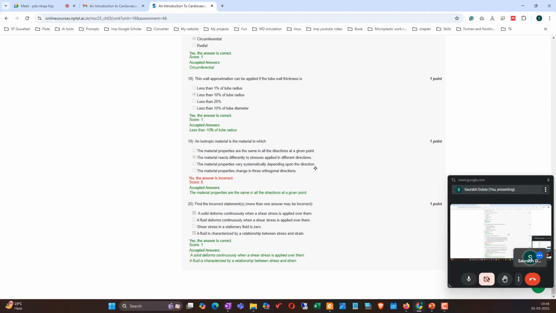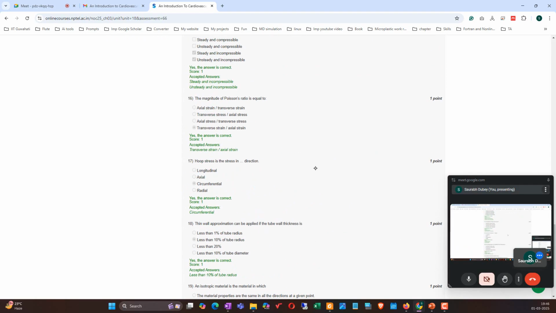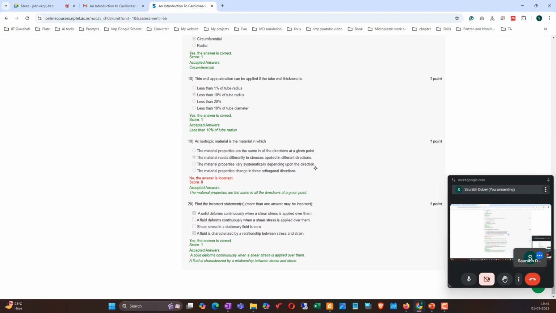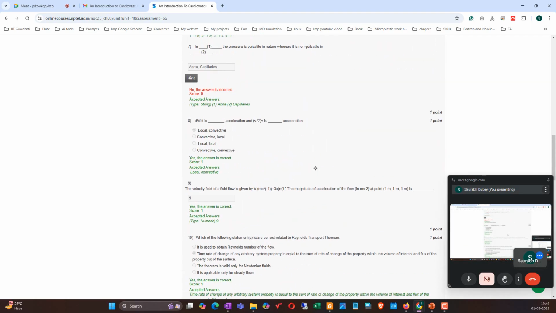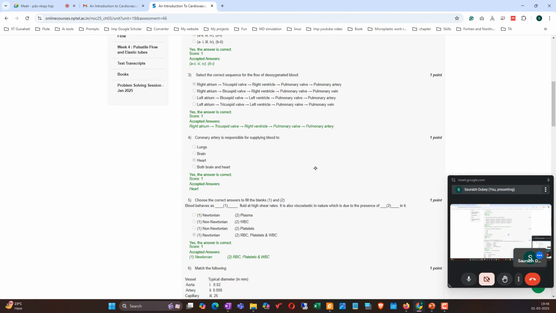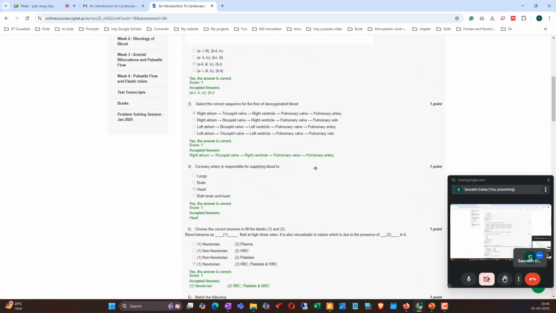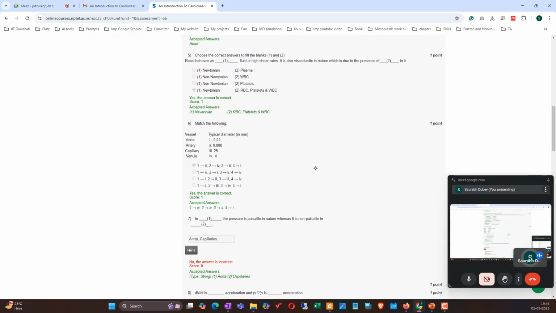And then what? You see this one, choose the correct answer to fill in the blank. So this is from plasma, WBC, RBC, these things.